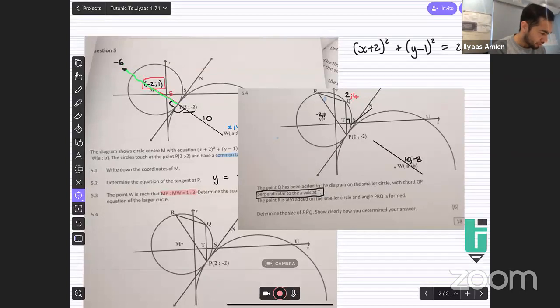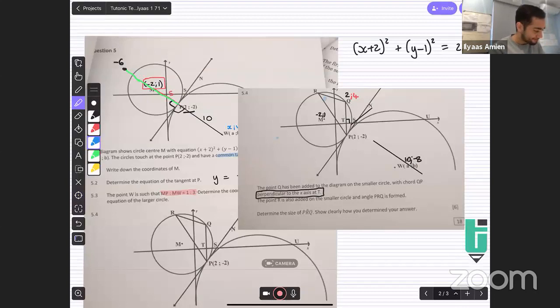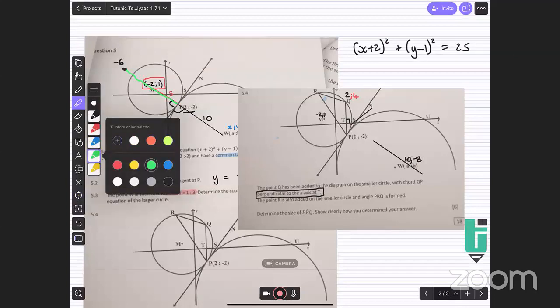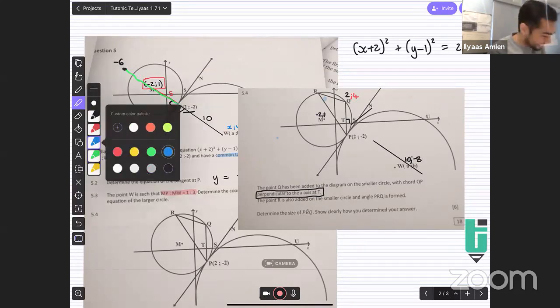You've got a tangent. So what do you know about tangents and chords? Perpendicular to the radius. What else? The angle between the tangent and the chord is equal to the interior opposite angle. Yeah. That was weird. Okay. So are you guys together? Sorry.